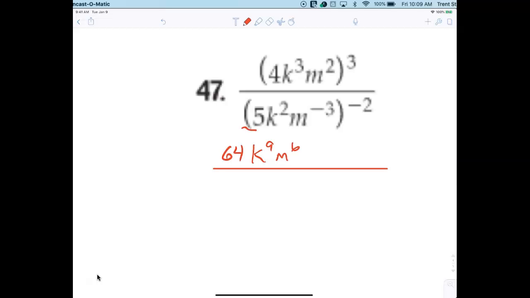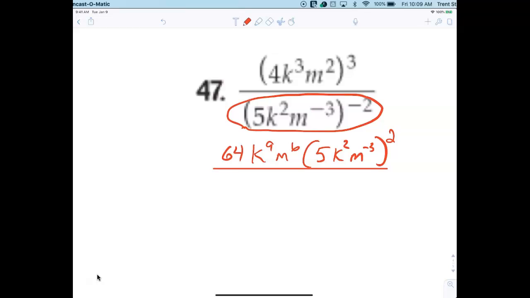Beautiful. Now, what happens to all of this, Carly? You see the negative exponent? No. The negative exponent means move it. Where does it go? To the top. Thank you. So this over here is going to be 5 k squared m negative 3.